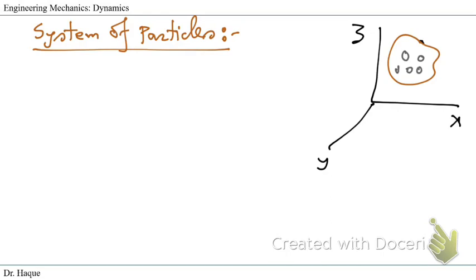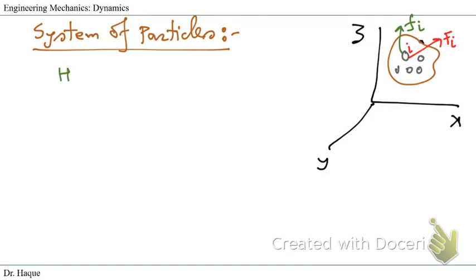So let's take any particle. We call this particle i. Any particle, i could be any number. On that particle there is an external force acting. We call it Fi because it's particle i, and another force acting on that particle is a small fi, that is the internal force. And you know, from previous lectures we always cancel out the internal forces, but let's derive the formula for angular momentum.